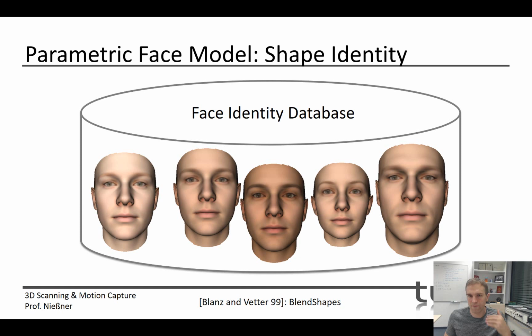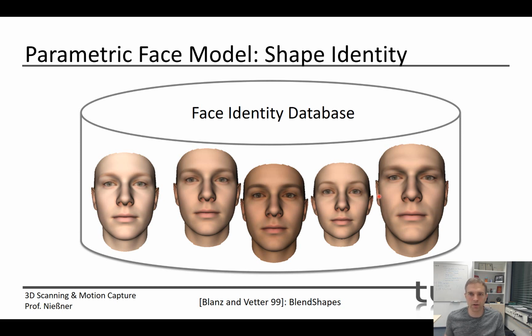So we have this face identity database, and from this database, we're having different people, meaning that every shape that we're having here has a different size, has a different shape. This is what we're seeing here. And we're also seeing we have different surface albedos or surface appearances based on the different person, right?